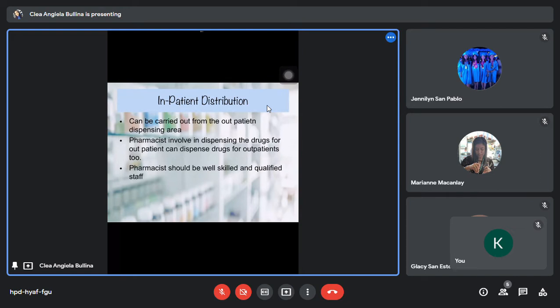So walang exclusivity. Kung baga, pwede mo lang makuha yung mga drugs in case na wala na sa basket for inpatient doon sa outpatient dispensing area. Okay, so the pharmacist is involved in dispensing the drugs for outpatients too.